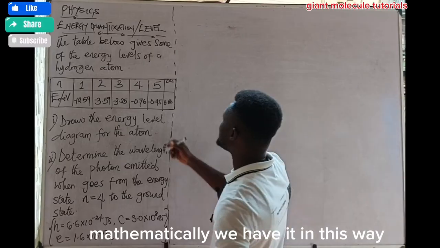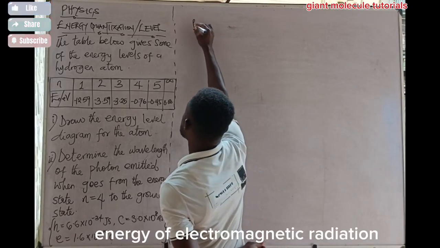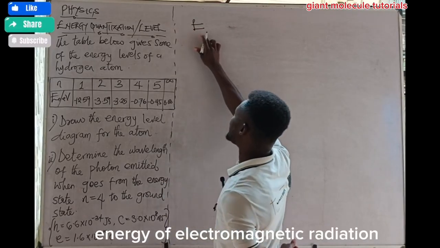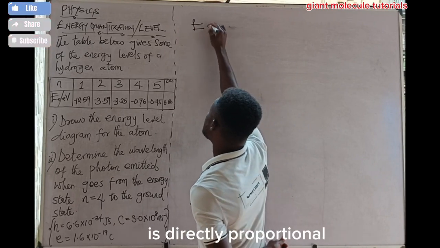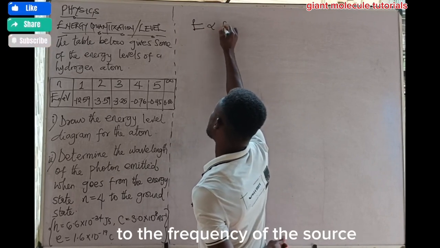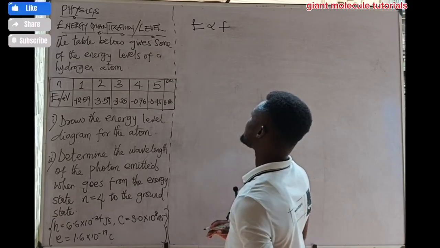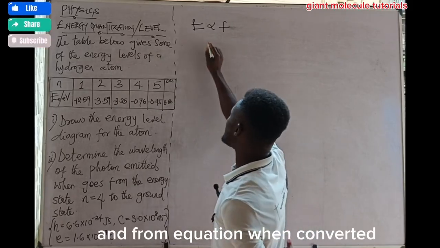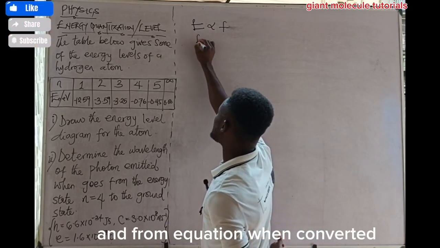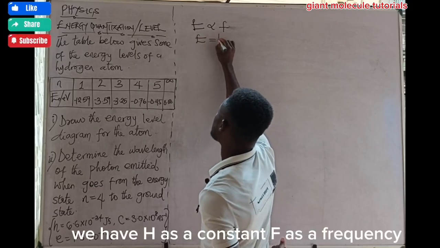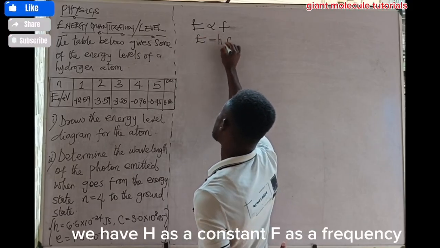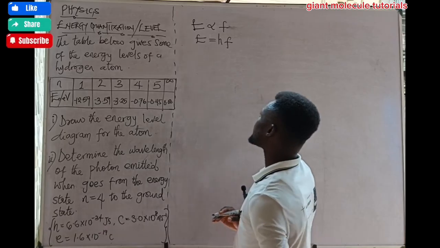Mathematically, we have it this way: energy of electromagnetic radiation is directly proportional to the frequency of the source. And from the equation, when converted, we have E = hf, with h as a constant and f as the frequency.